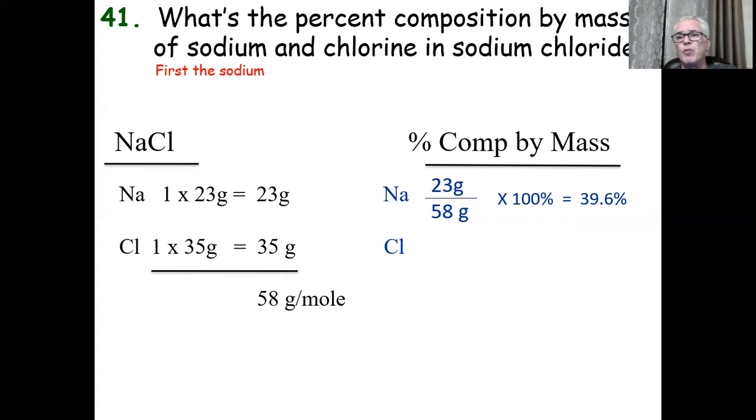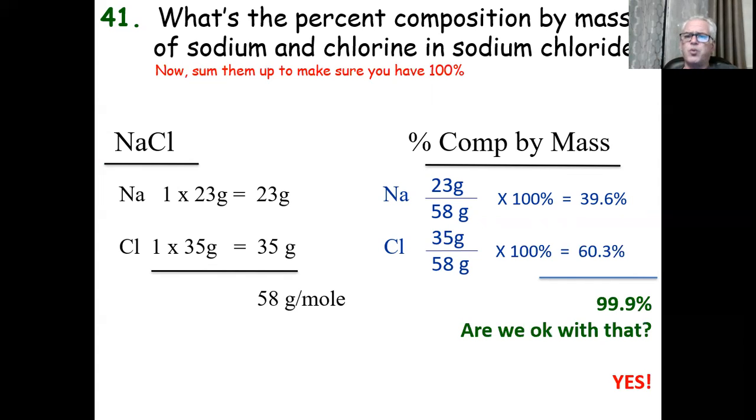And maybe you want to say 40%. This time I said 39.6. It's all unlimited significant figures. You round any way you feel like it. The next one, chlorine. Chlorine is 35 grams divided by 58 times 100%. Now look what happens when we add this up. Are we okay with this? 99.9? Yeah, we are.